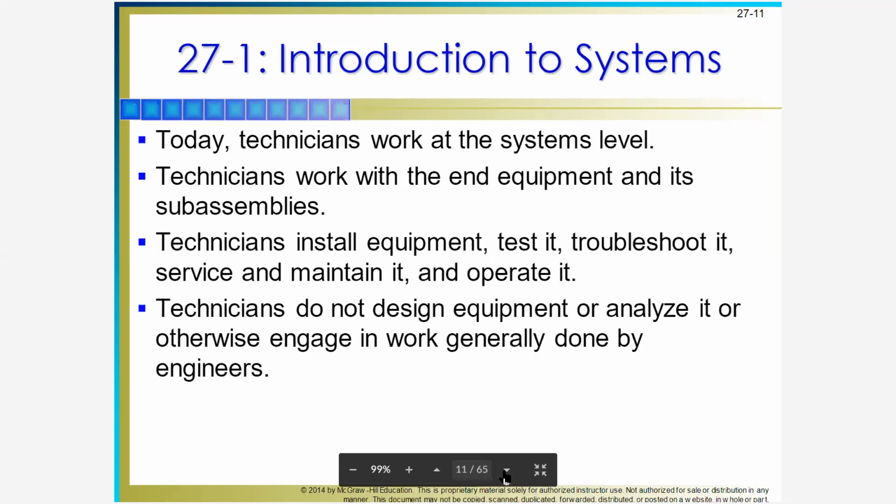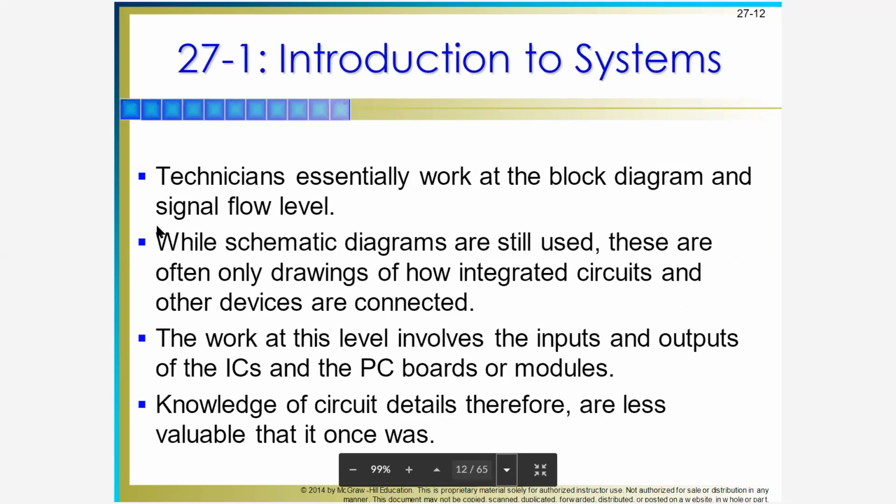Next, we have technicians essentially work at the block diagram and signal flow level. While schematic diagrams are still used, these are often only drawings of how an integrated circuit and other devices are connected. Okay, we have schematic diagrams.